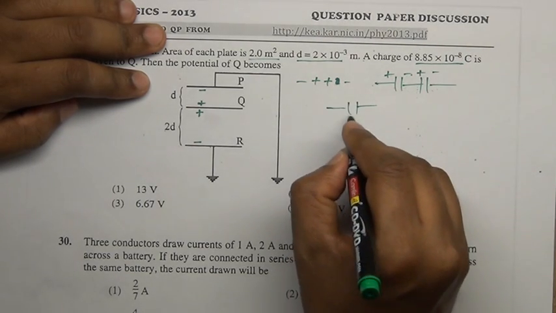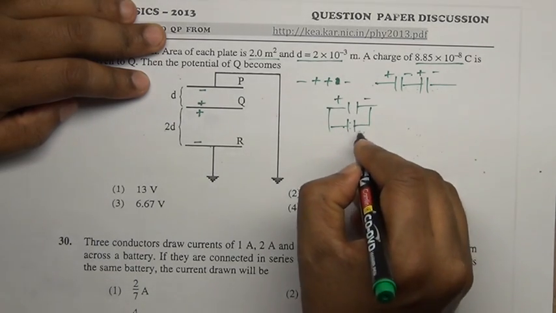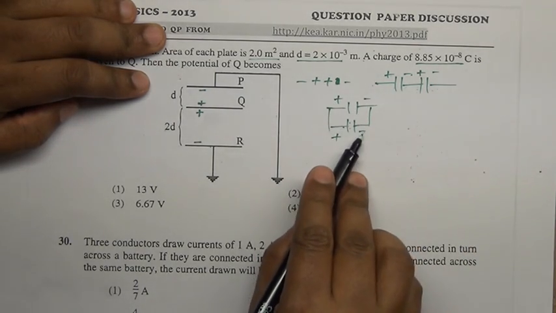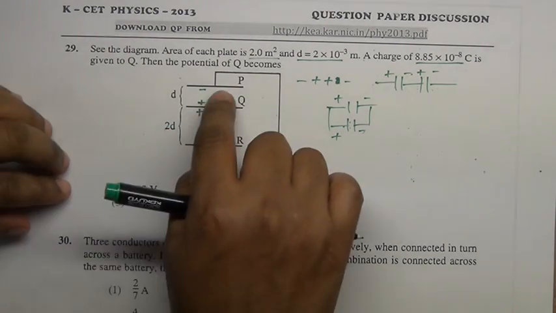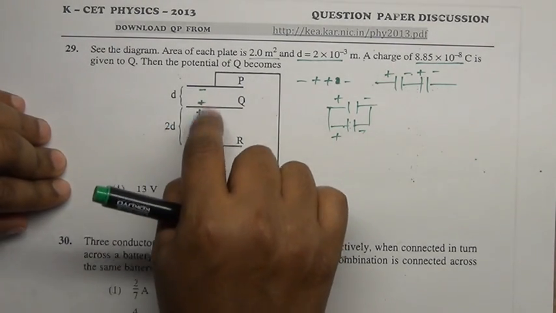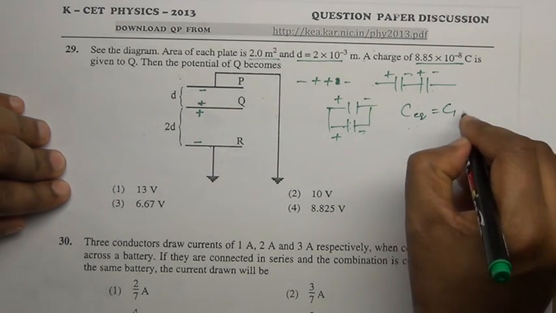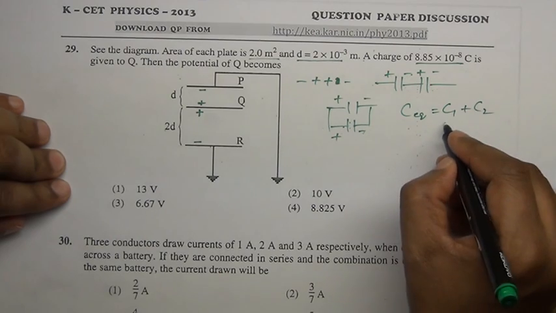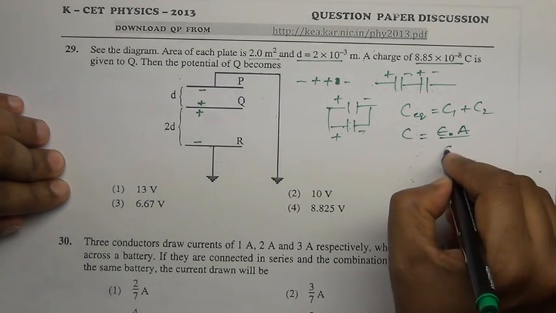If two capacitors are in parallel, plus minus minus plus, plus minus minus plus, then these two capacitors are in parallel. If these two capacitors are in parallel, therefore C equivalent equal to C1 plus C2. But capacitance of a parallel plate capacitor is epsilon naught A by d.